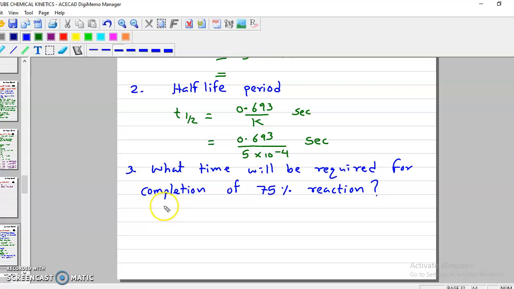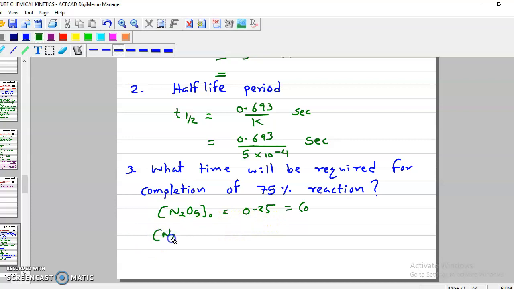Here the initial concentration of N2O5 is given, that is 0.25 molar, which we consider C0, that is the initial concentration or 100% concentration of N2O5.